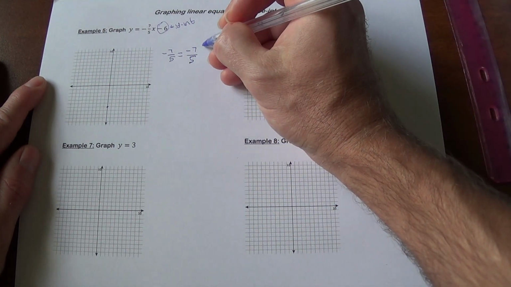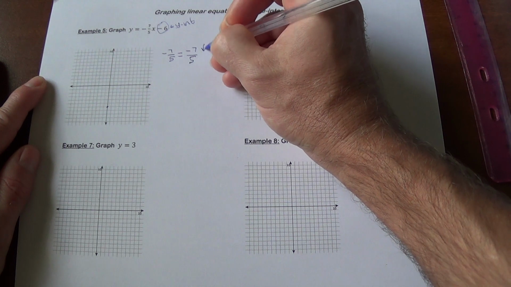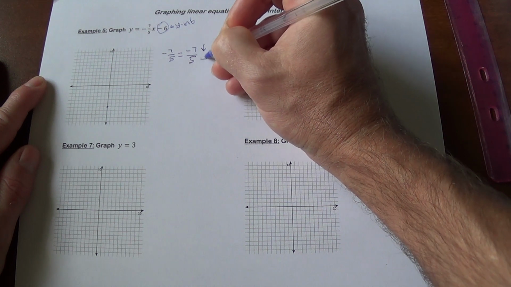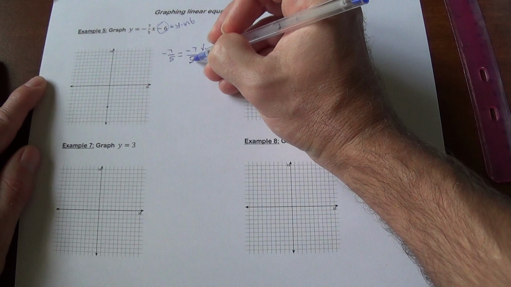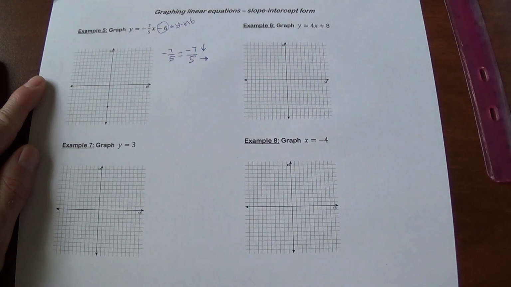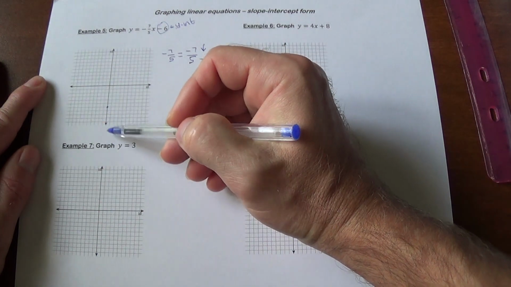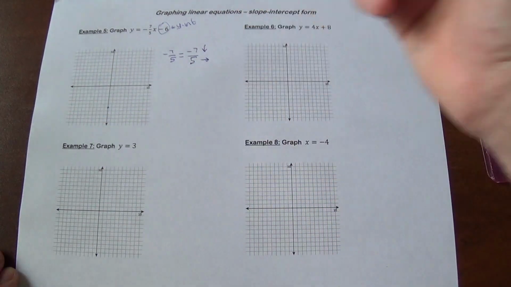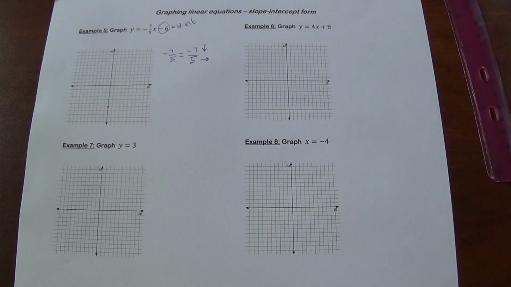So according to the way we view it, we're supposed to go down and to the right. Negative on top, positive on the bottom. But we do have one slight problem here. We don't actually have enough space here to go down. Keep in mind that the coordinate plane is infinite, but in reality when you do it on a piece of paper, it is going to have some boundaries.